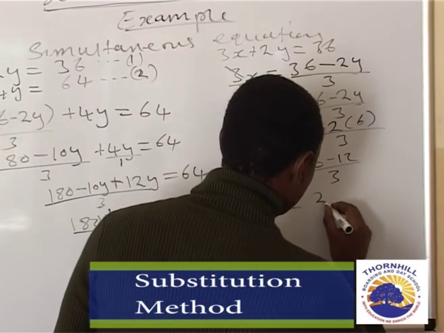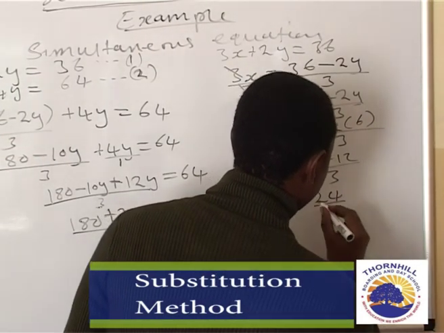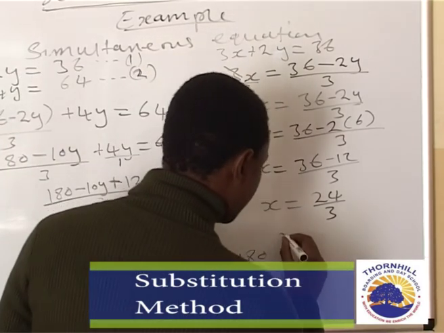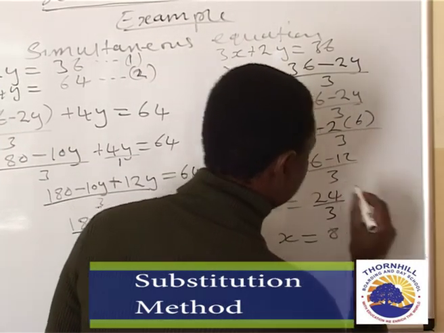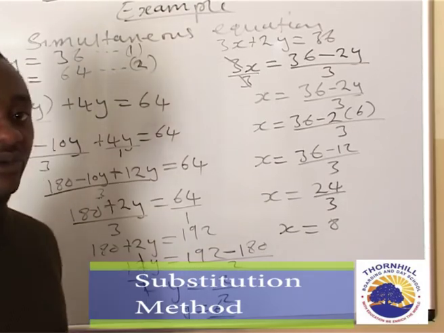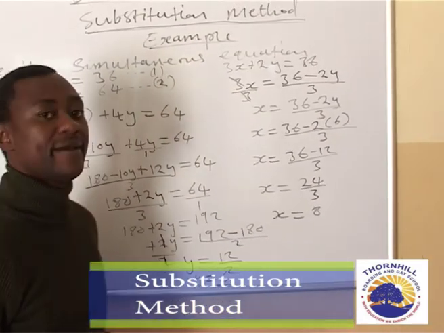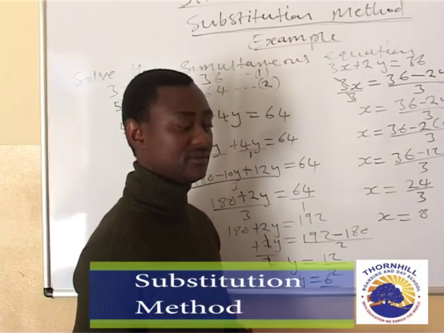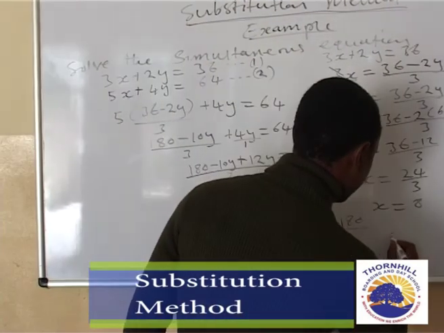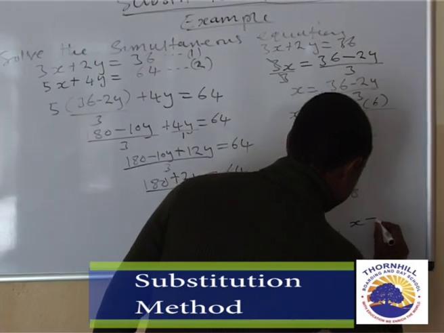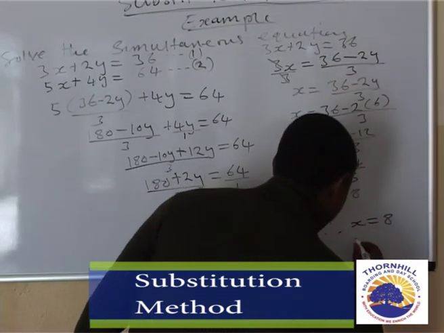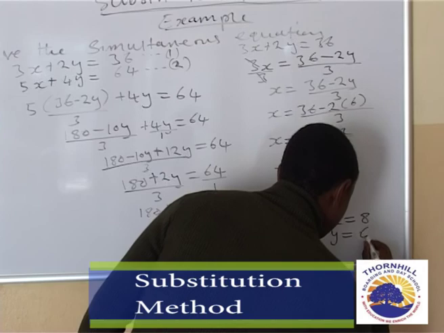So we're going to have 24 over 3, like that. Therefore, x is equal to 8. It means we have solved the simultaneous equation using the substitution method. We will therefore say x is equal to 8 and y is equal to 6.